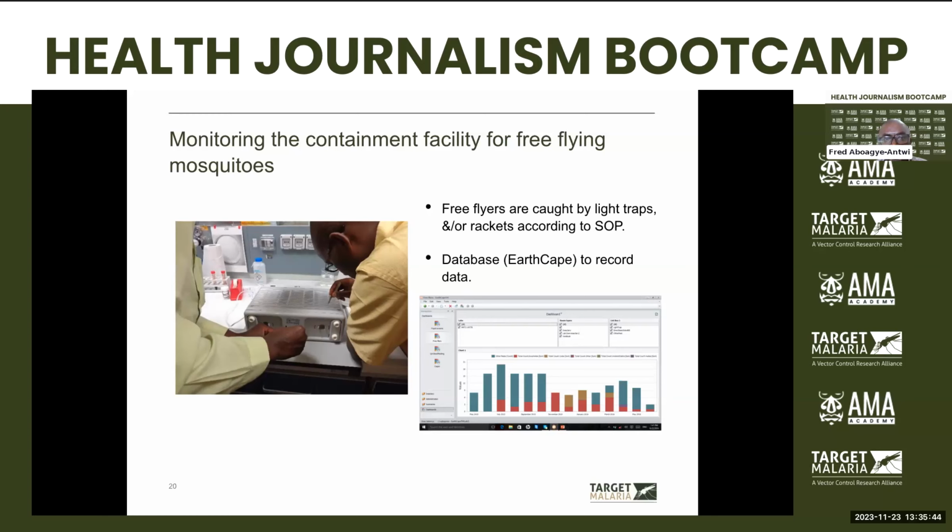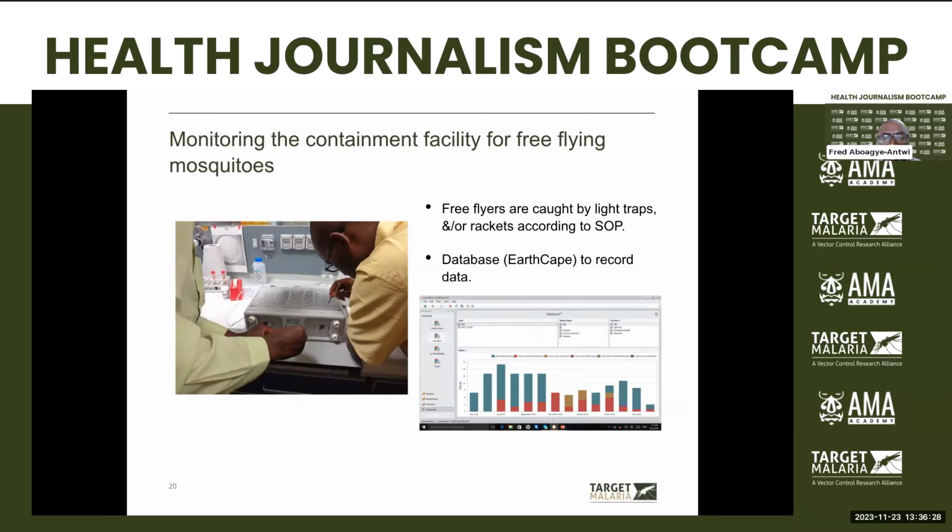And so any mosquitoes that escape from a cage within the lab itself are killed following protocols in the SOPs, the standard operating procedures, where we have UV light traps. So these are traps that have UV lights in, and they attract any mosquito that escapes and kill them. And then we also have electric rackets that, when they touch the mosquitoes, electrocute them and kill them. And these are ways of ensuring that we do not have any mosquitoes that escape.